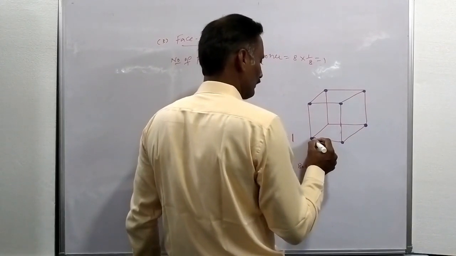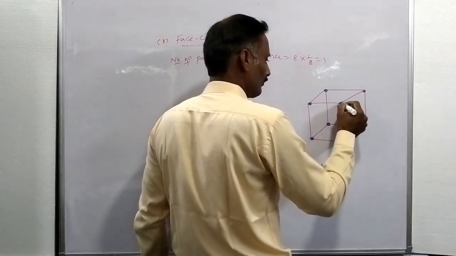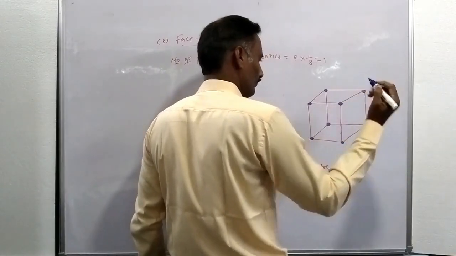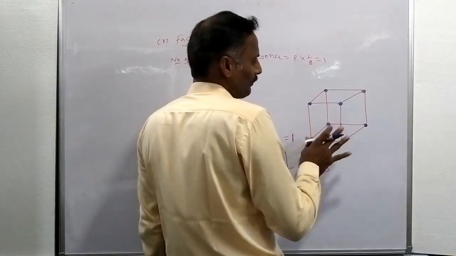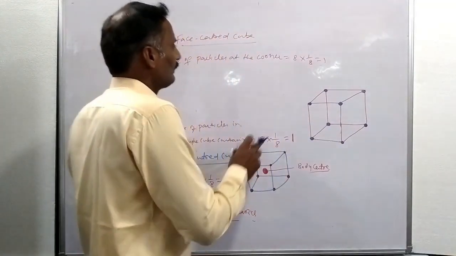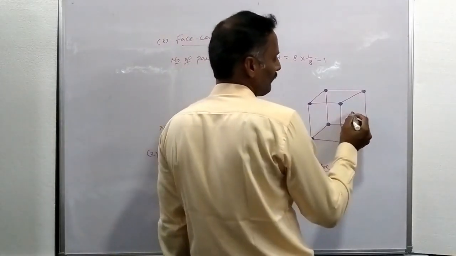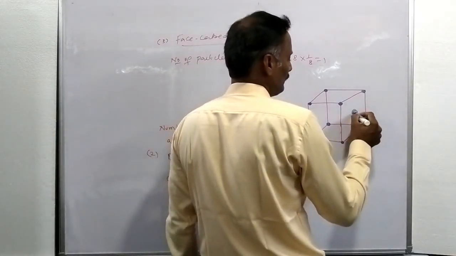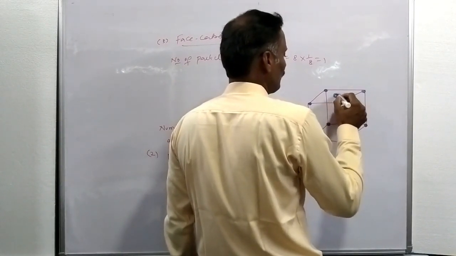There are 8 corners here, and also a cube has 6 faces, and this is called a face-centered cube. Each face contains one particle. This is a particle at the face.